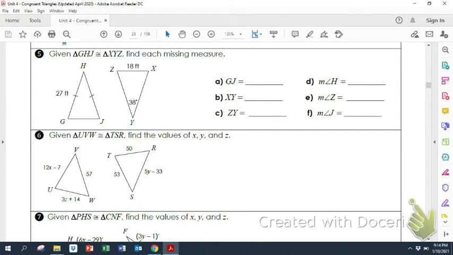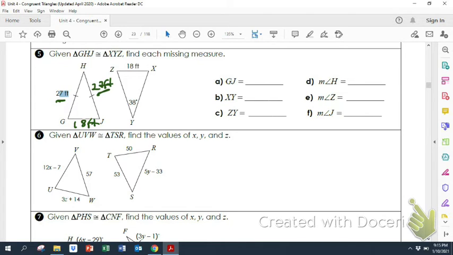Okay, so if I'm looking at this, I have an isosceles triangle. We just did isosceles triangles, so we can look at this. We know that if this is 27 feet over on this side, then this is 27 feet over here. And because we've got our congruent sides over here, like I was saying, with an isosceles triangle, we see our corresponding tick marks here, that if this side is 27, then this side is 27.